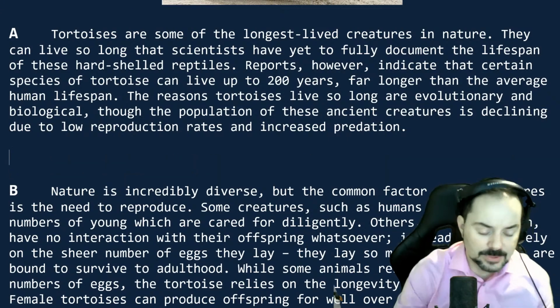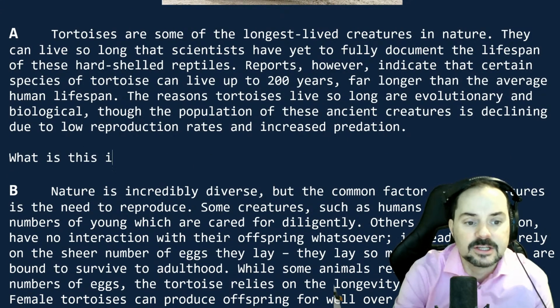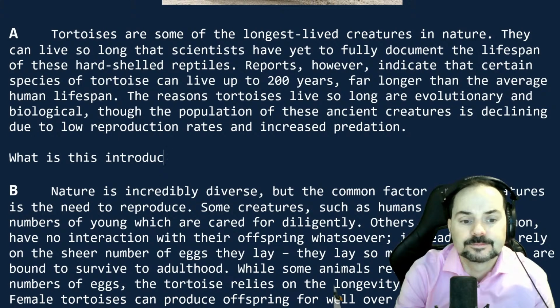Okay, so here I ask myself, what is this introductory paragraph about?